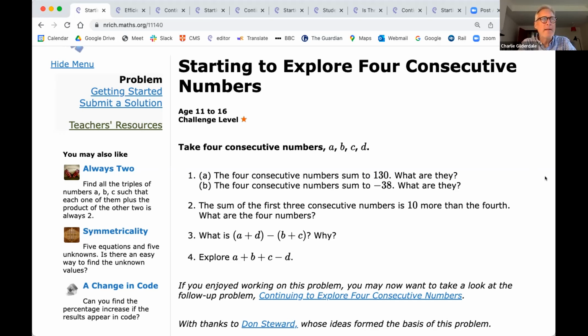So before you do anything, you might want to predict what's going to happen. Once you've predicted, you might want to try any random 4 consecutive numbers. And then in the chat, could you explain what's happened and why it's happened?